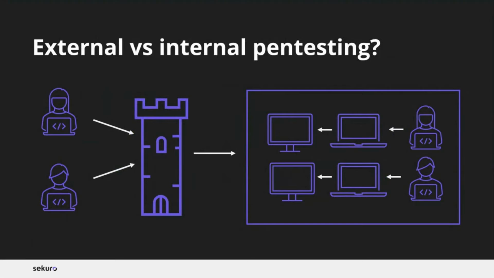In an external pen test, the testing is performed from the external perspective against those externally facing resources, while in an internal pen test, the testing is performed from the internal perspective against the internal resources. That's the high-level difference. If you've never done any sort of real pen testing before, it's likely a good idea to first focus on that external perimeter.